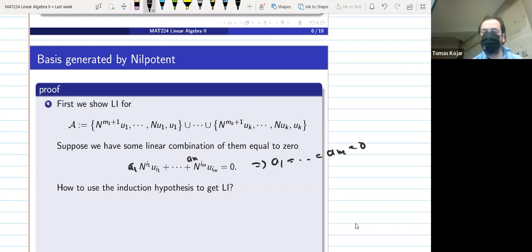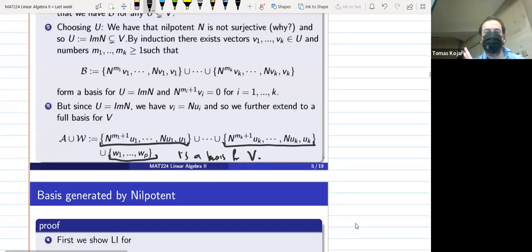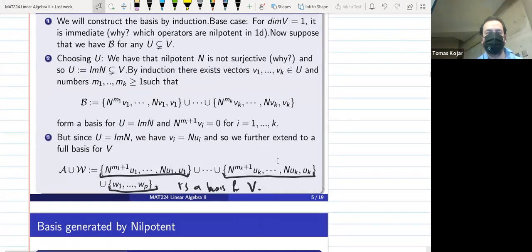So let me show, this is the relation, and this is the induction hypothesis. You have to use one fact. How do you use this fact?